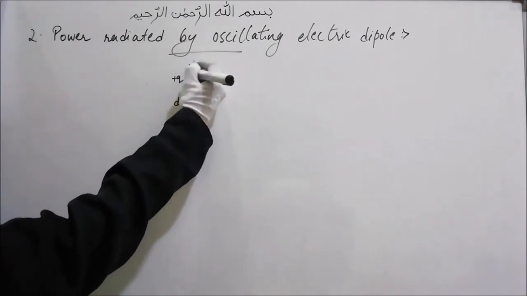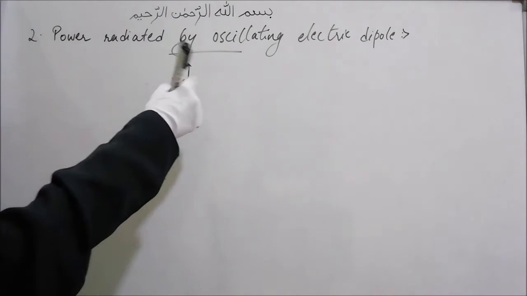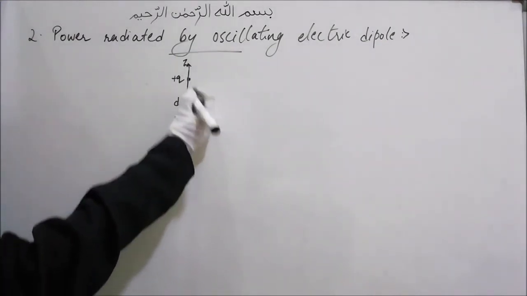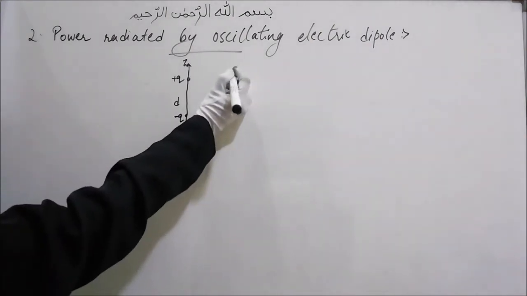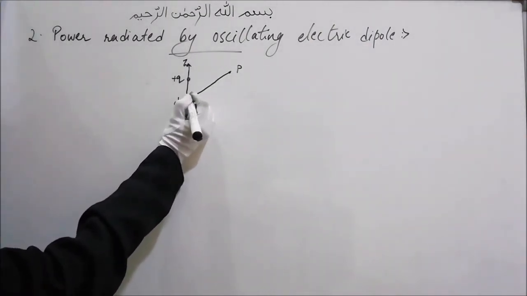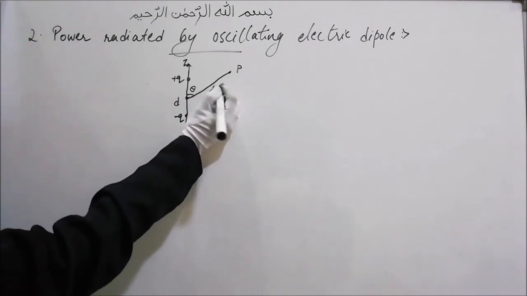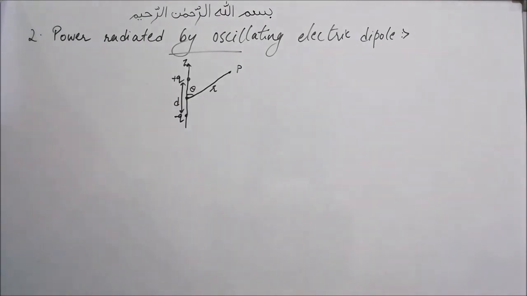Let this be the z axis, and these two charges are connected by some fine wire. Let's say we have a point P, and this is the origin, making angle theta, this distance is r, and this distance is d.